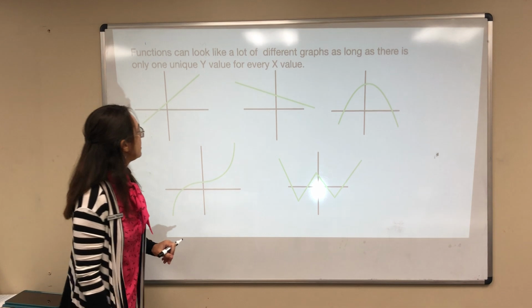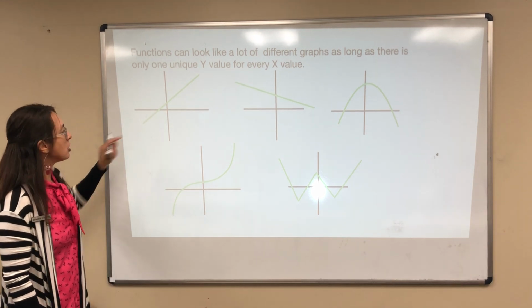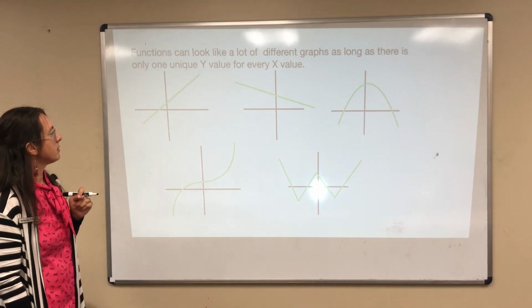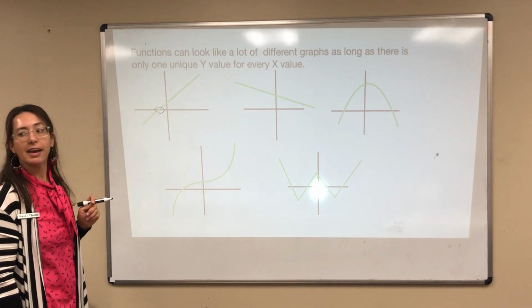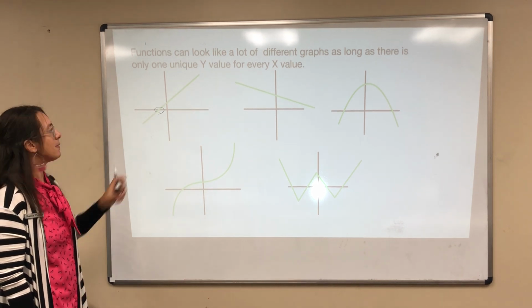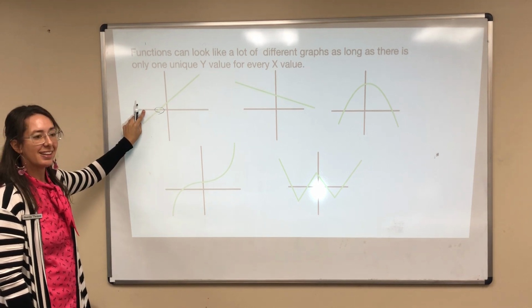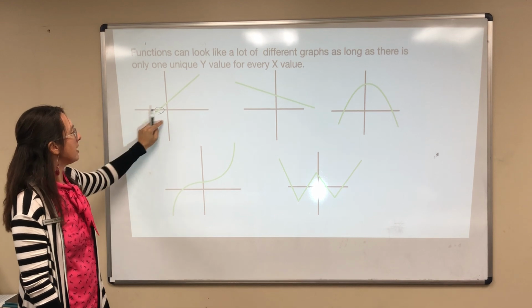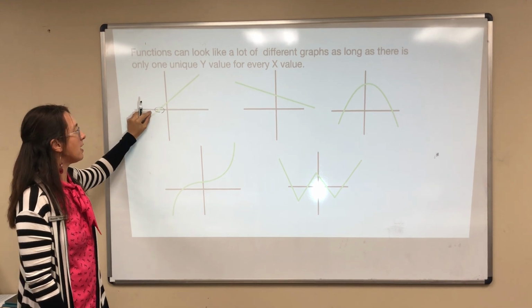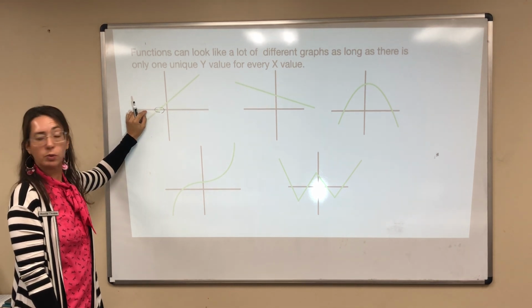Now on this one, how many solutions does this graph have? Well, if we're looking at our y equals 0, how many times does it cross the x-axis? Once. So it would be one solution, in terms of finding the solutions of our functions, where it's crossing.